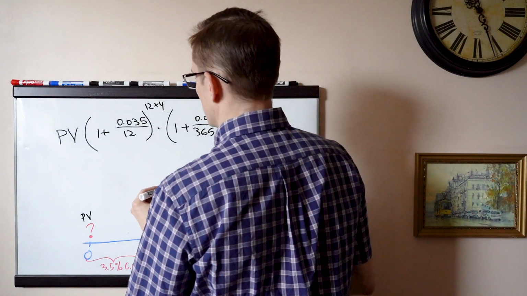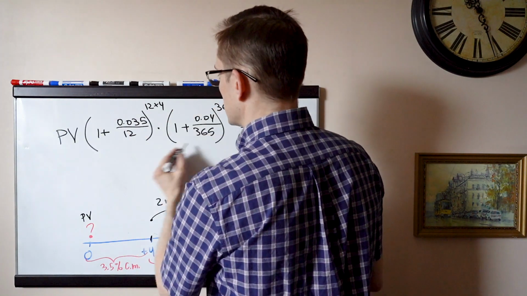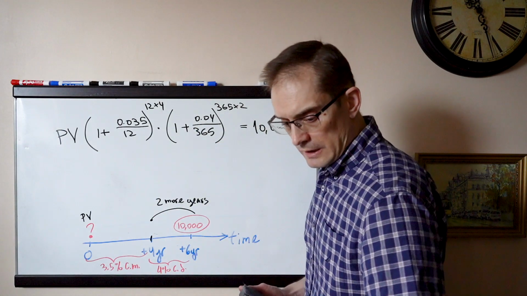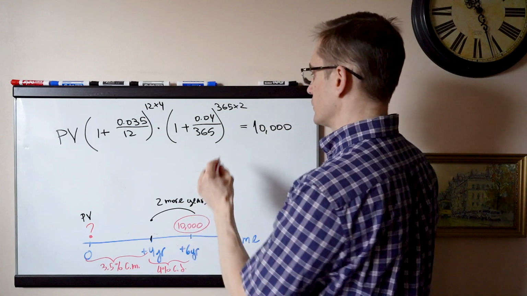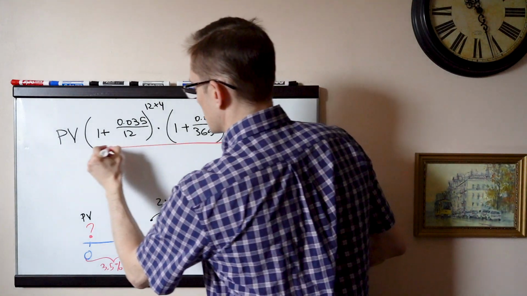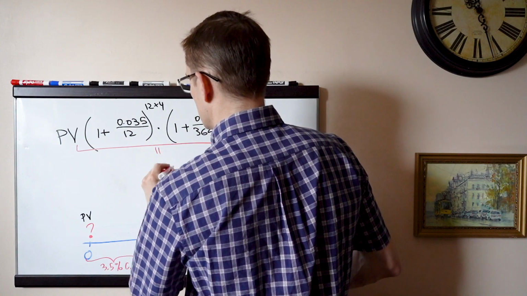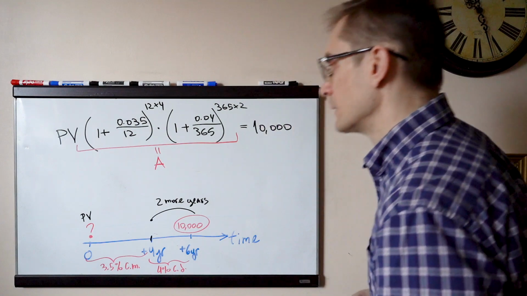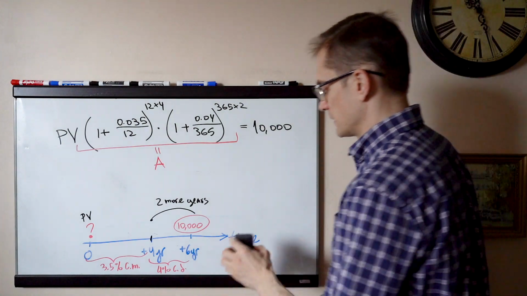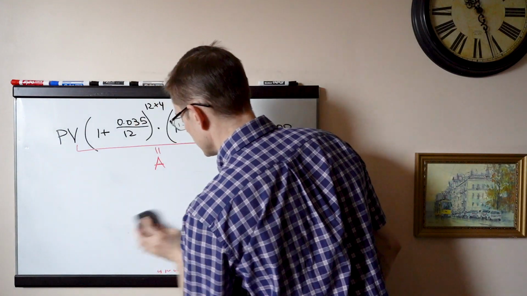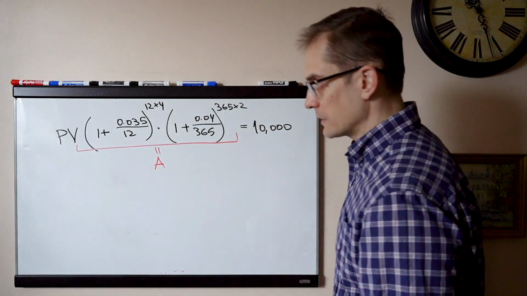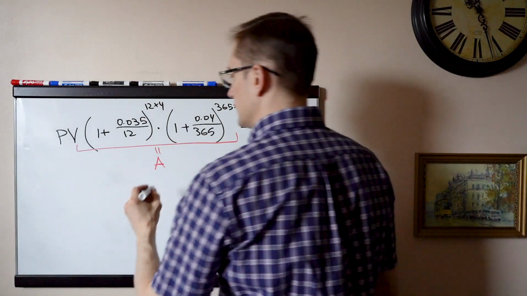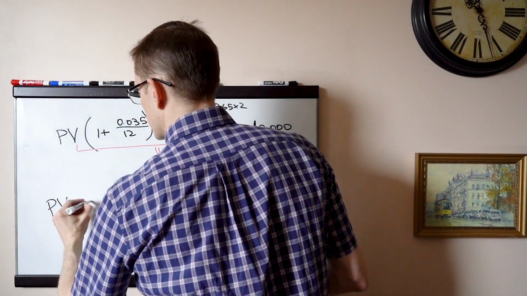Maybe it is helpful to calculate this part first, but we can always calculate this. What I will do for now is denote all this part as some letter A. So we denote this part, which we of course can calculate, by the letter A, and then I can write to you what present value will become.